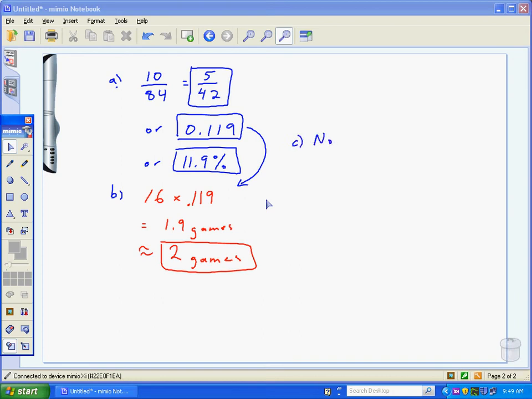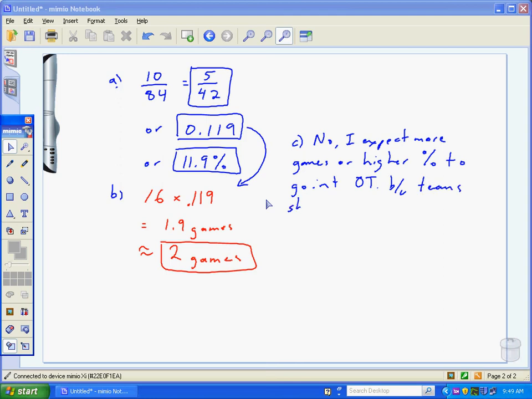You can explain it however you want, but I would say no. I expect more games, or a higher percentage, to go into overtime, because the teams should be more evenly matched.